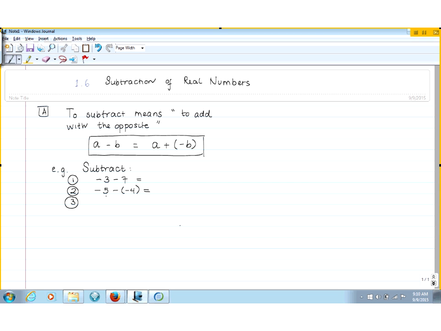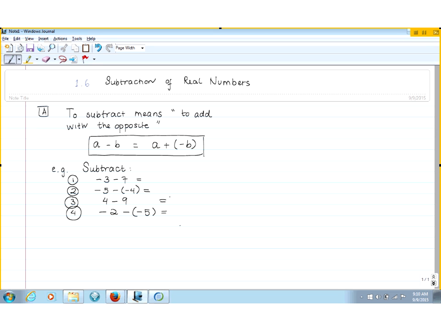What about 4 minus 9? What about negative 2 minus negative 5?